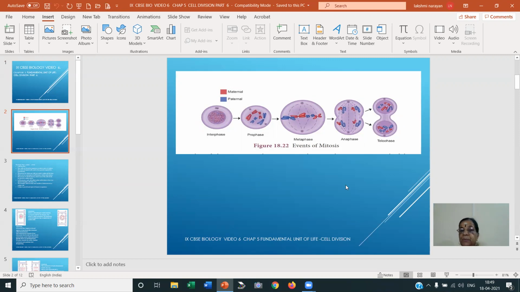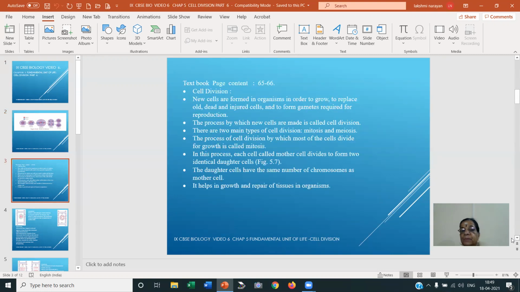That is amitosis. Now mitosis is an indirect cell division where the entire cell takes part. In that, there are 2 divisions: karyokinesis, the division of the nucleus, and cytokinesis, the division of the cytoplasm. So this is the introduction to mitosis.